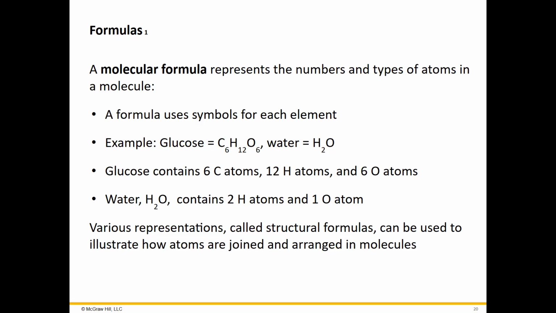If I look at glucose, C6H12O6, I have 6 carbon atoms, 12 hydrogen atoms, and 6 oxygen atoms. Okay? That is the molecular formula. It tells us the number and type of atoms involved. Okay? Now, you'll notice nothing about a molecular formula tells you what kind of bonds are going on. It never does. So it's not going to factor into the kind of bonds unless you're just memorizing it.